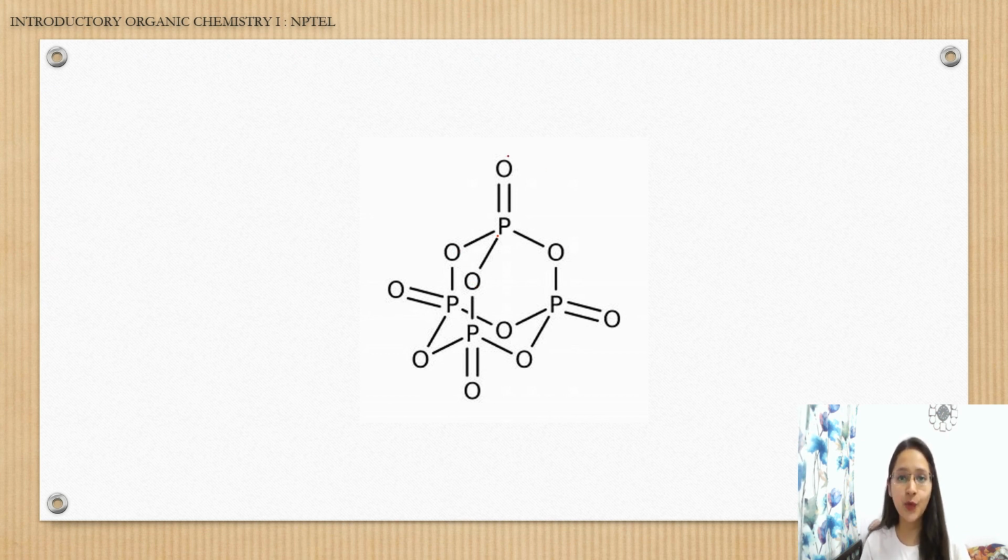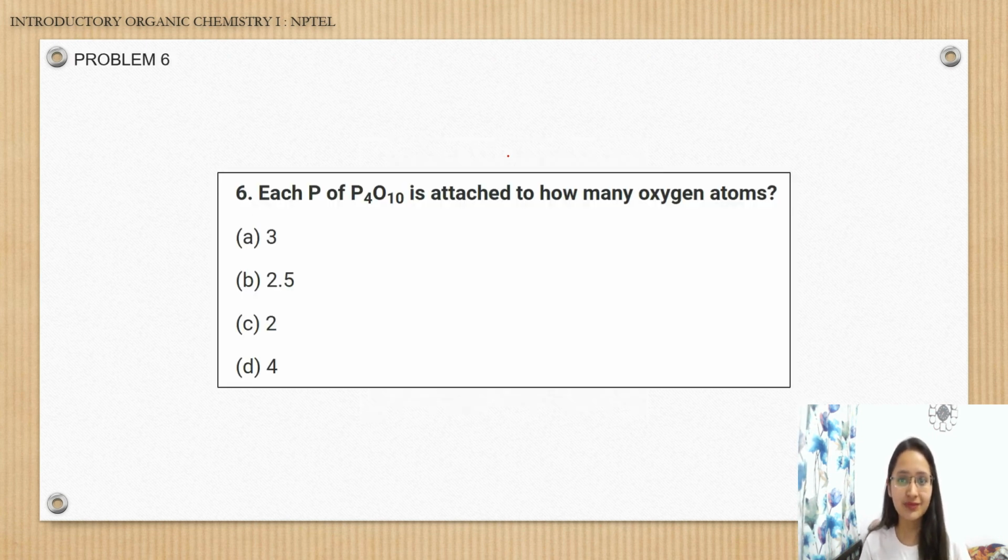As I have shown you in the structure, you can clearly say that there are four oxygen atoms, 1, 2, 3, and 4, directly connected to this phosphorus. So how many oxygen atoms are connected to each phosphorus in P4O10? 4. Okay, so this question is very straightforward, although you have to know the structure of P4O10.